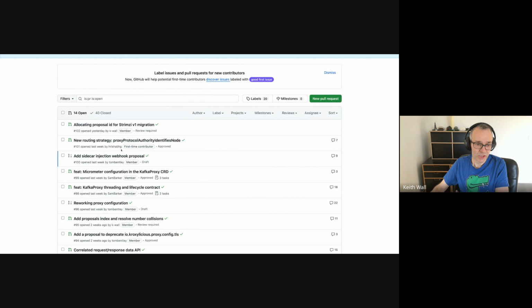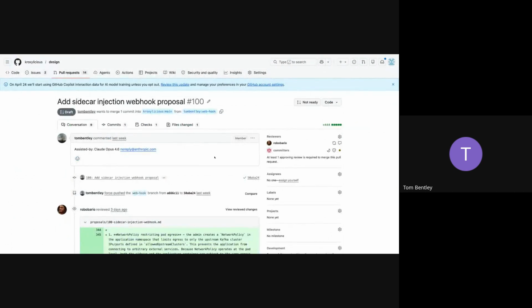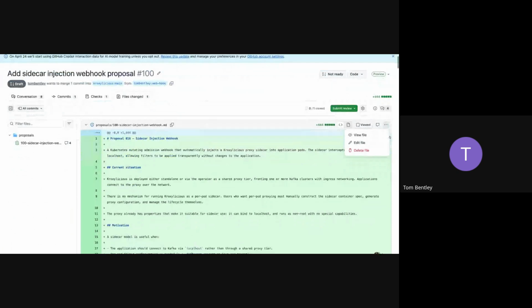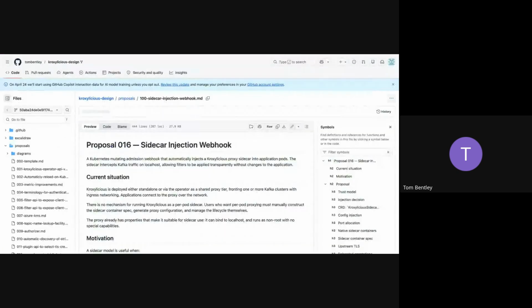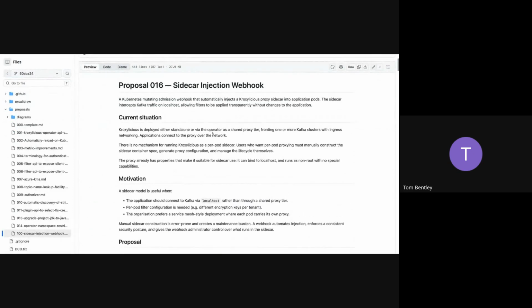Okay, add sidecar injection webhook proposal. Yeah, so this is something that I'm proposing. Obviously this is a Kubernetes-specific thing. We've got the operator already, which works great if you want to stand up a proxy in front of a cluster that is maybe on the same Kubernetes cluster.